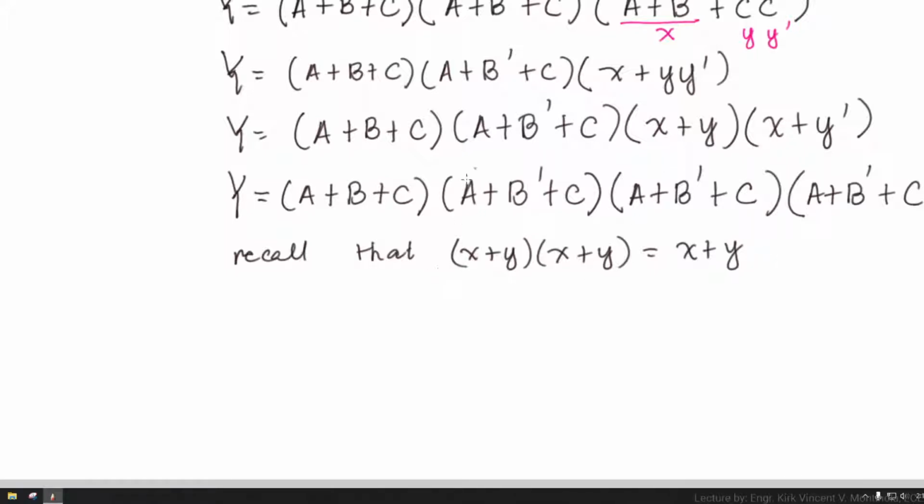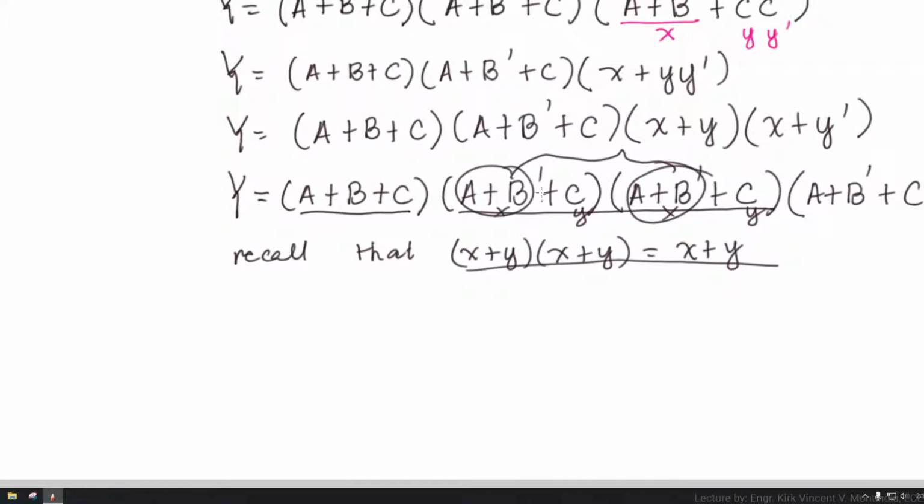Okay, then if you could notice this one, A, B, C, it's okay. So, eto, mapapansin nyo class, ito ay the same. Okay, I could simplify this one based sa ating identity na to. You can this can be your x, this can be your y. This can be your x, this can be your y. Itong dalawa. Okay, then you can simplify that as, di ba isa lang siya?